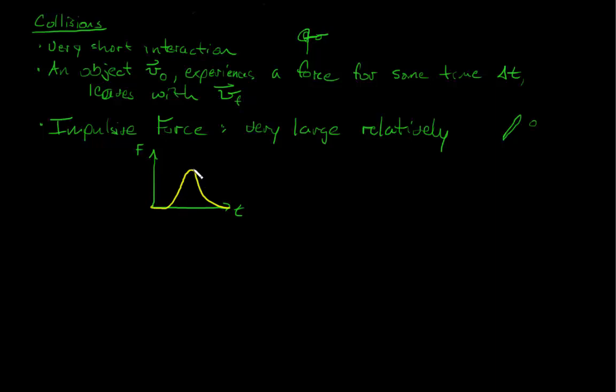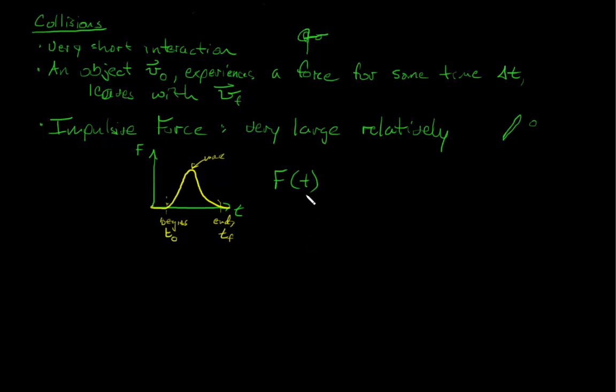So there's some maximum force up here that's being applied, and this is the point at which the contact begins, and it ends over here when they're no longer touching. So it goes from some time, we'll say t naught, to some final time, tf. And so the impulsive force is a function of time.